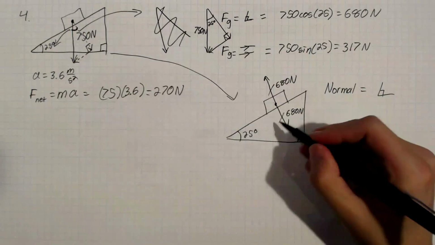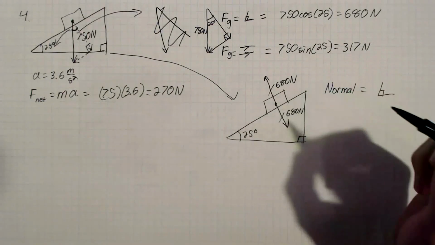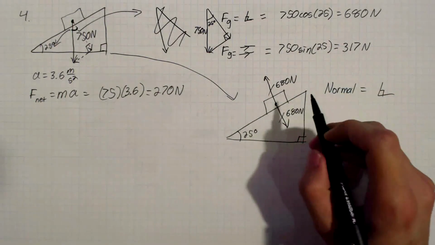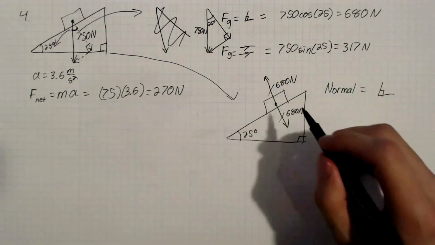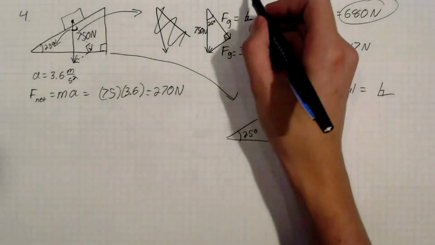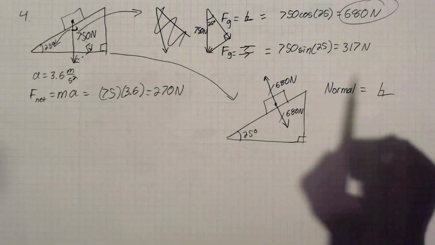So these two have to cancel out, meaning the normal force of the ramp on the box has to be equal to the component of the weight of the box that is perpendicular to the ramp. In other words, this. The force of gravity that's acting perpendicular to the ramp.